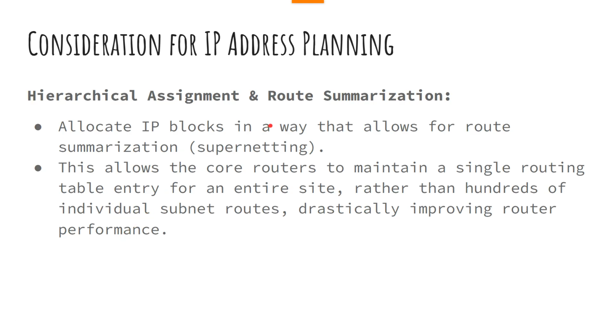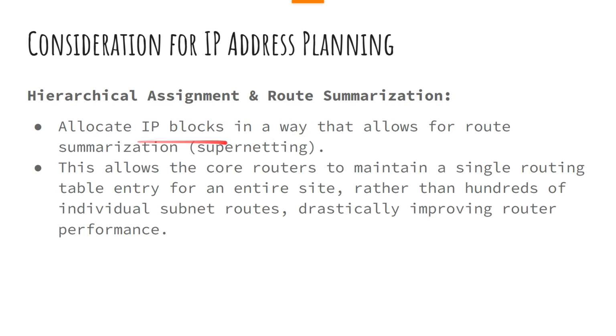In route summarization or supernetting, the number of entries in the routing table would be less. As a result, the lookup time will be less and the router would be performing efficiently.